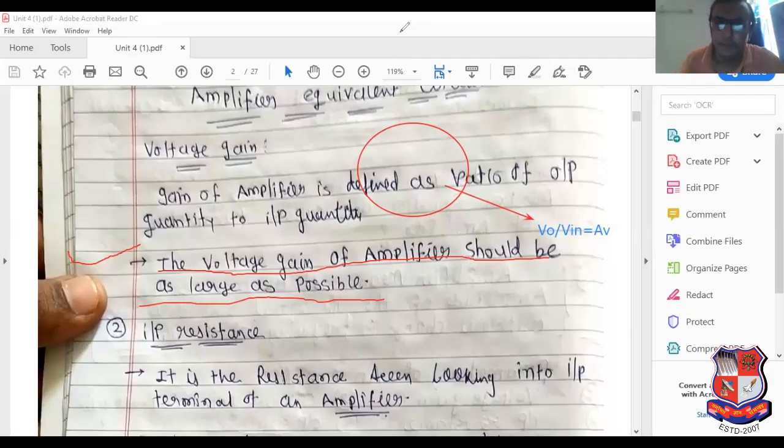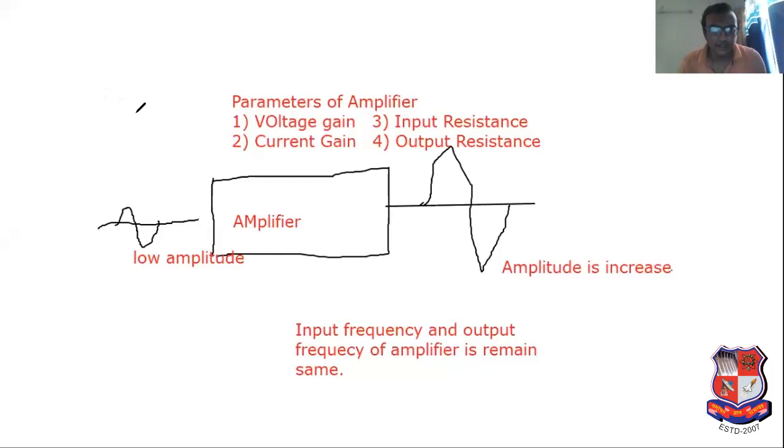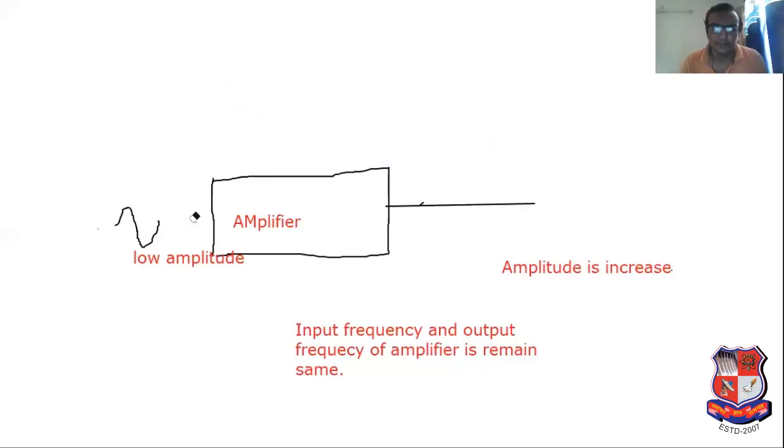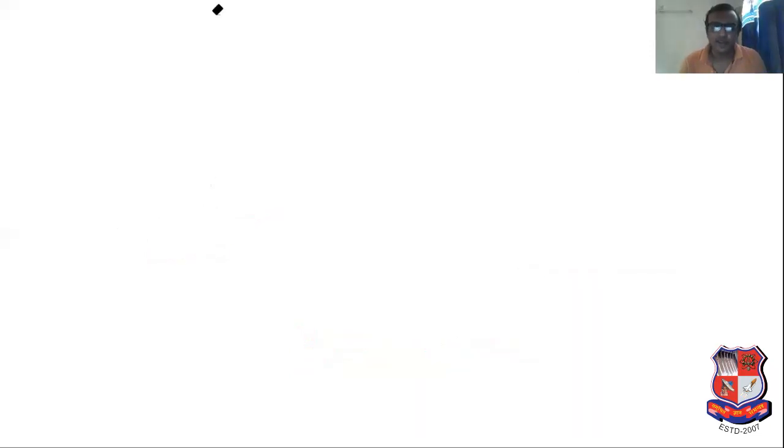What is the meaning of public address system, or what are the applications of amplifier that I have mentioned on the whiteboard? I have shared the whiteboard again. First of all, I have erased this particular portion. What is the requirement of amplifier that I have mentioned here with some specific points?